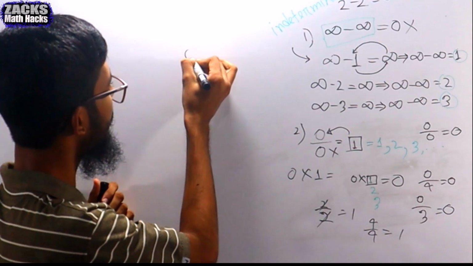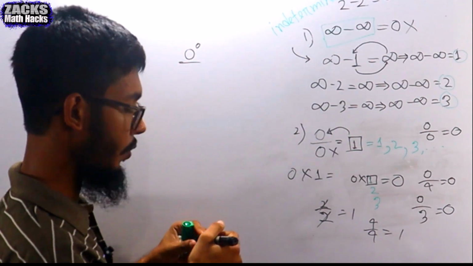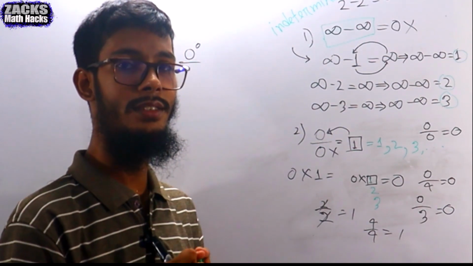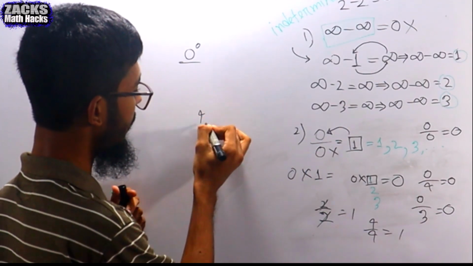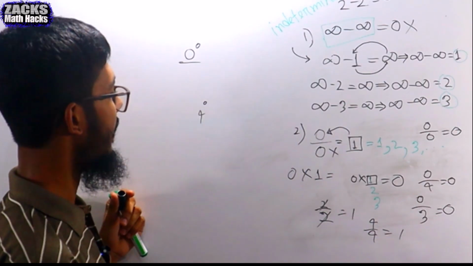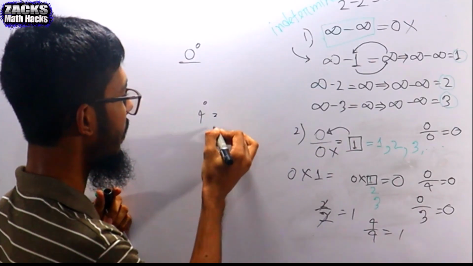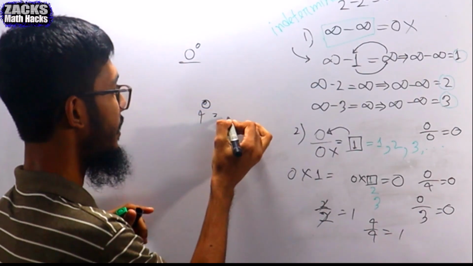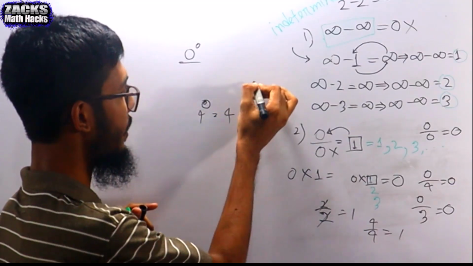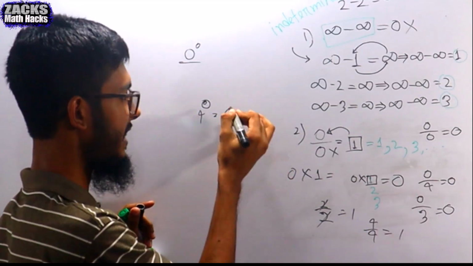Now let me discuss another expression. For example, 0 to the power 0. What is the answer? What is the result? Just think for 1 minute. Before that, for example, 4 to the power 0. Can I write it this way? 0 equals 1 minus 1, 2 minus 2, 3 minus 3, anything you can write.